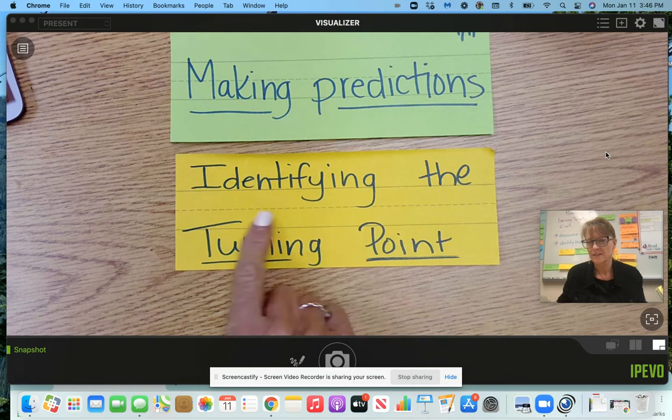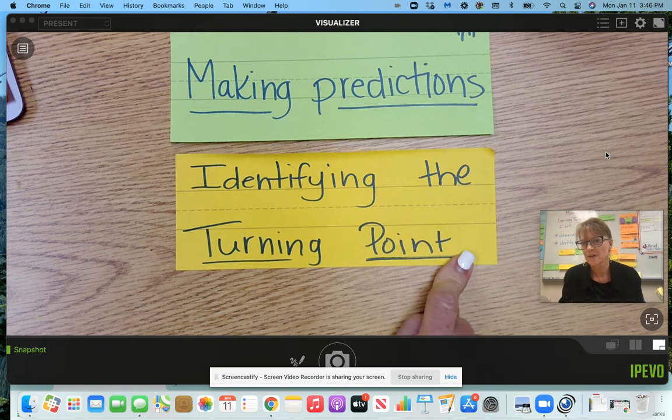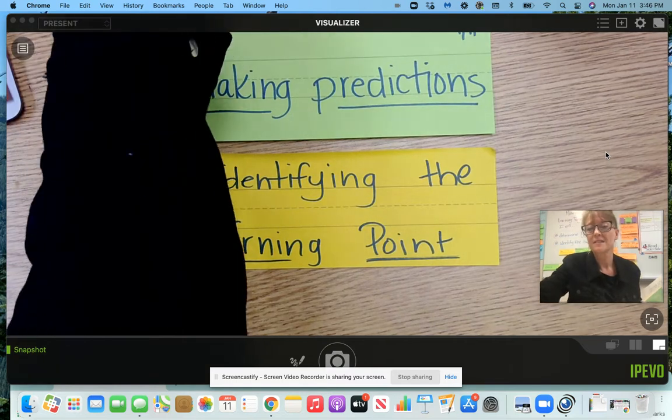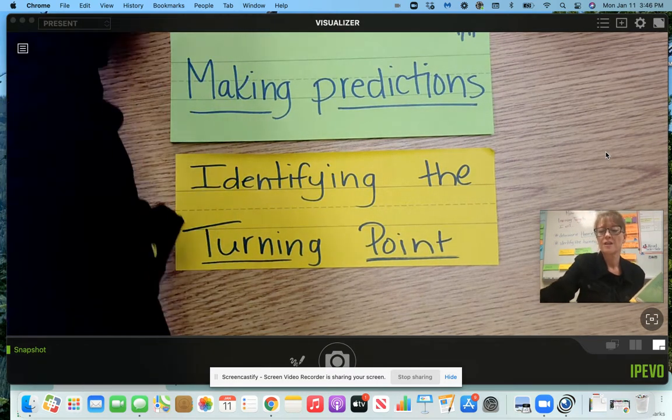All of that to identify the turning point. The turning point is the point in the story where we have an abrupt change. So often that's the point where we see the most evidence about the character and what his lesson is and how he is learning and changing.